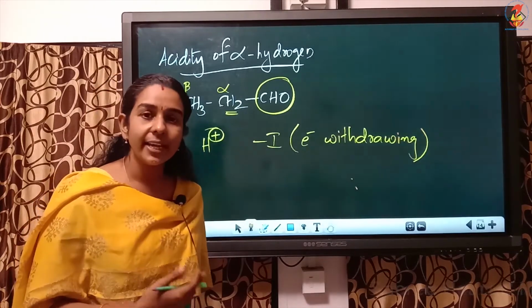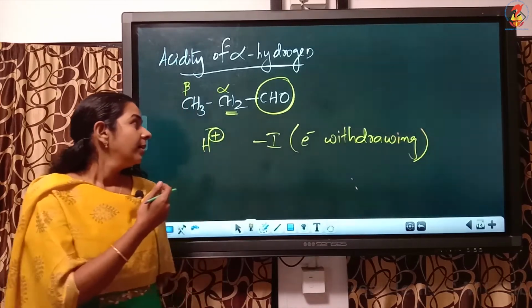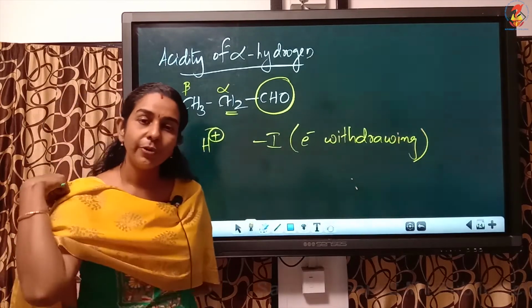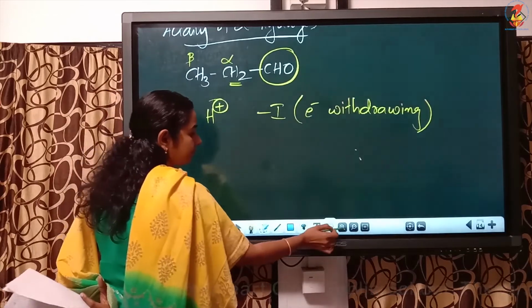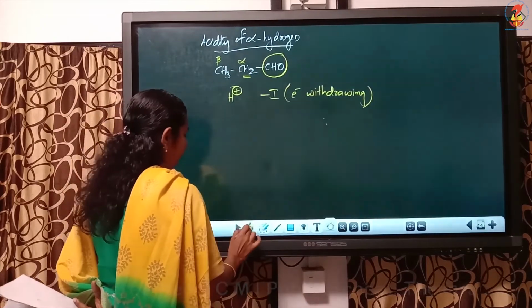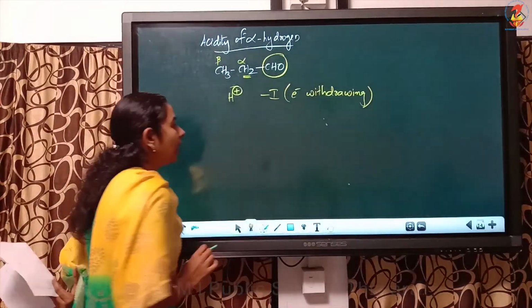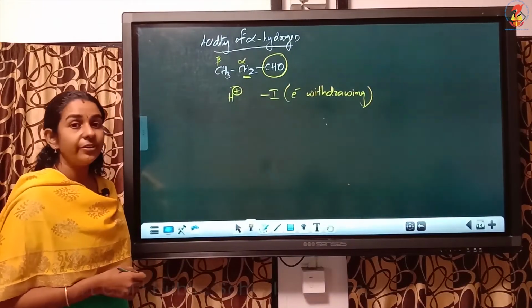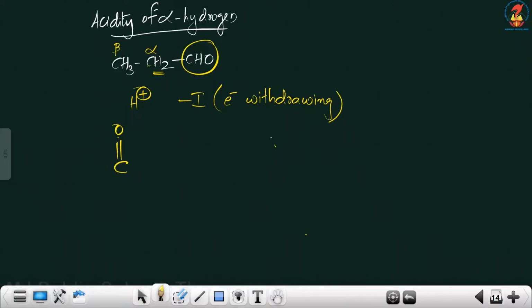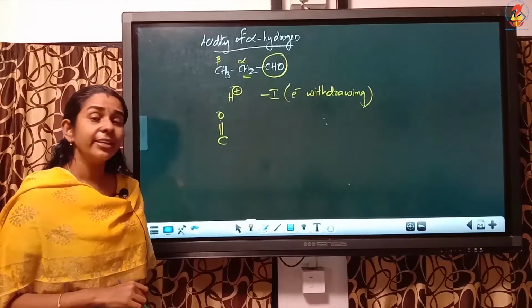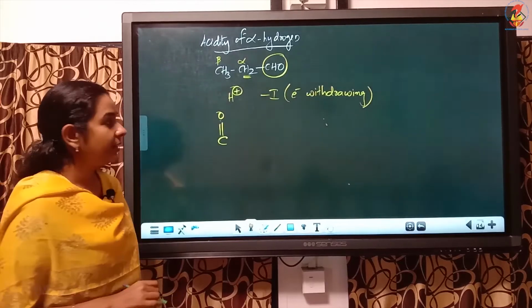Now, what is the exact reason for the acidity of alpha hydrogen? Let us take how we can represent alpha hydrogen generally. Aldehyde and ketone, we know that they are generally known as carbonyl compounds containing C double bond O group, isn't it?